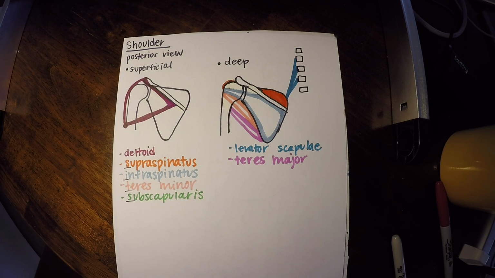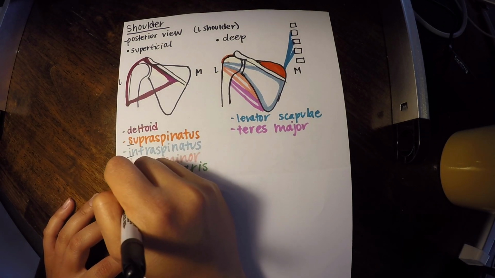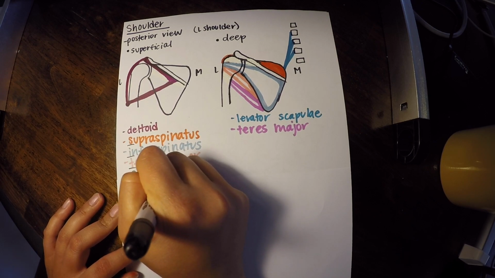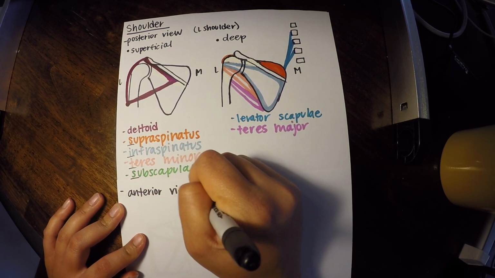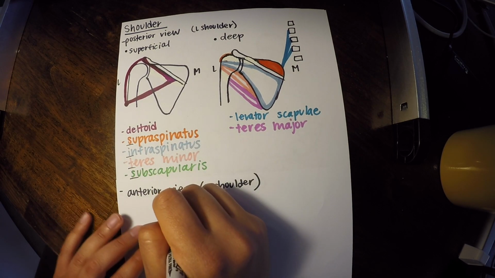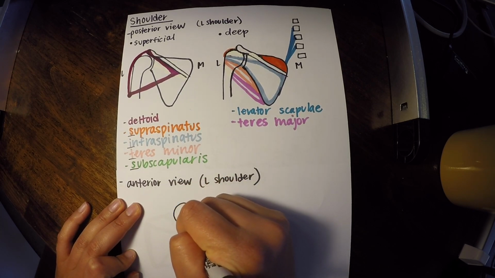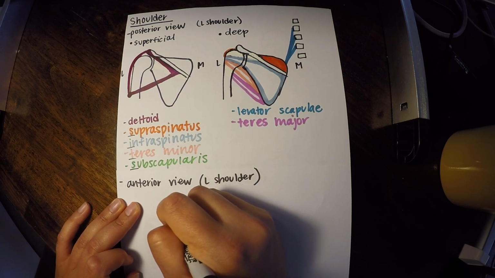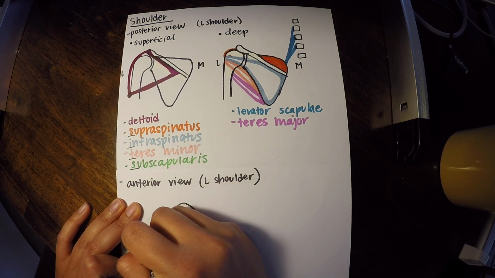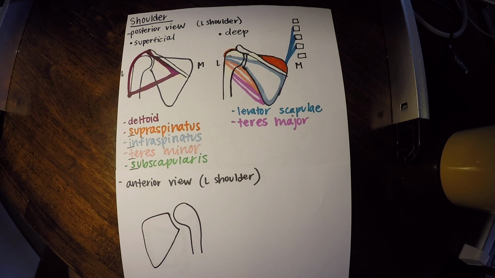Now I'm actually going to do an anterior view. Now let's draw out our anterior view of the left shoulder. So we're going to have our humerus, and then our scapula. Alrighty. It's a super quick drawing. So for our anterior view, what we're going to have is that last muscle, the subscapularis muscle.